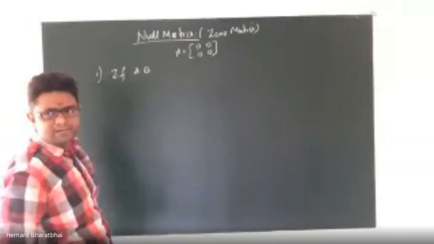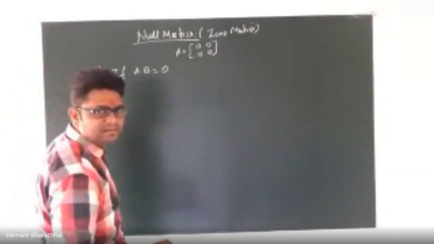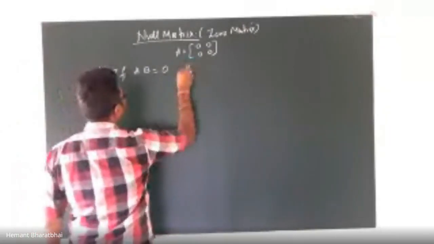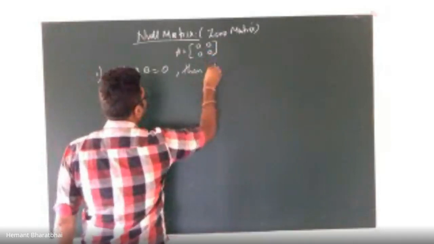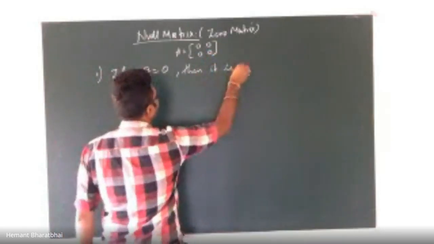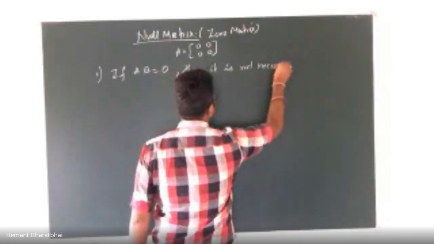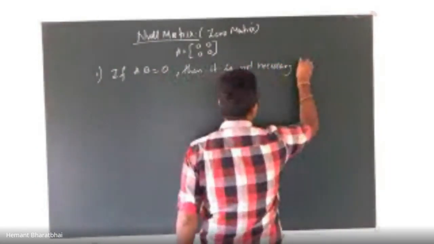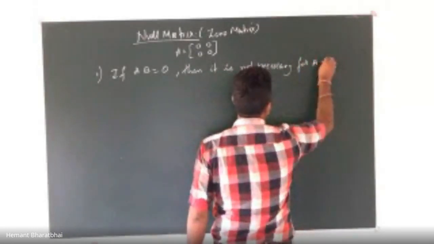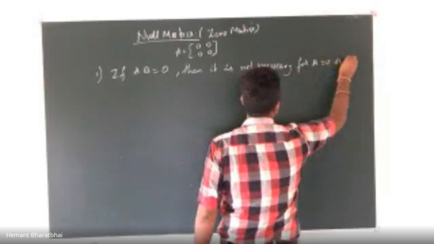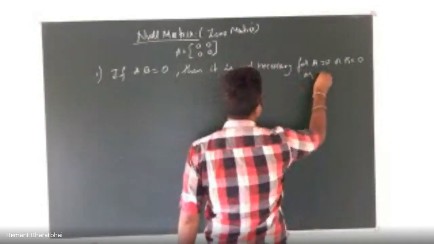If A and B are two matrices and the product of the two matrices is zero, then it's not necessary for A to be zero, or B to be zero, or both to be zero.